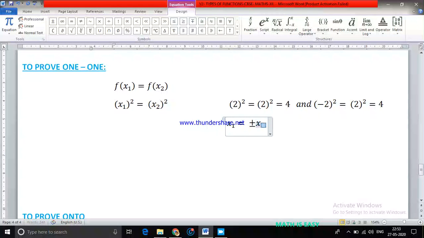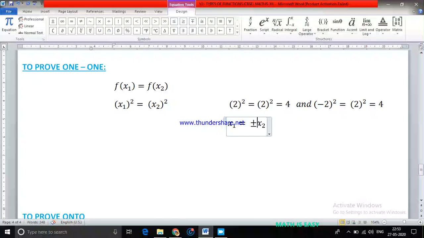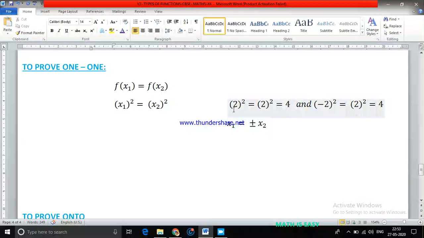If x1 is 2, then x2 is plus 2, and if x1 is 2, then x2 can also be minus 2.